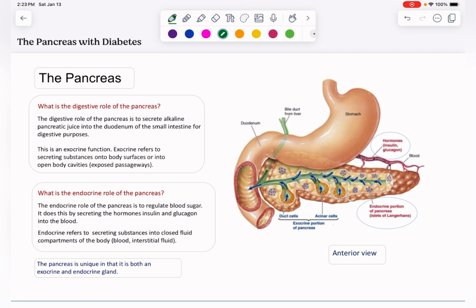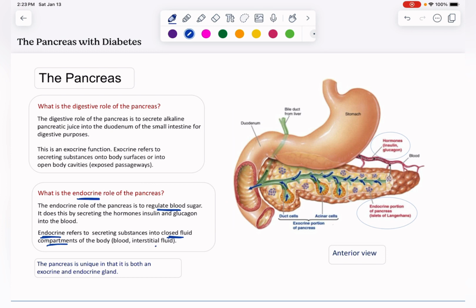But the pancreas is also part of the endocrine system. And the role of the pancreas in the endocrine system is to regulate blood sugar. Now, we talked about exocrine secreting stuff into open body cavities, exposed passageways. Endocrine refers to secreting substances into closed fluid compartments.